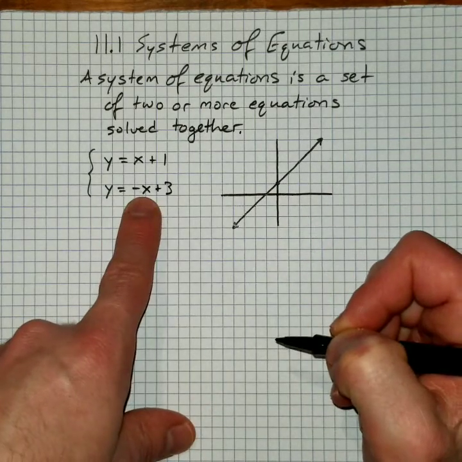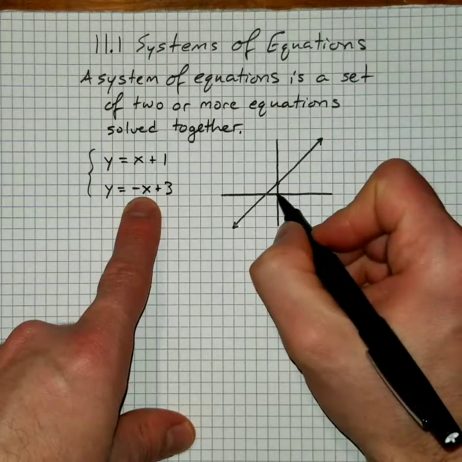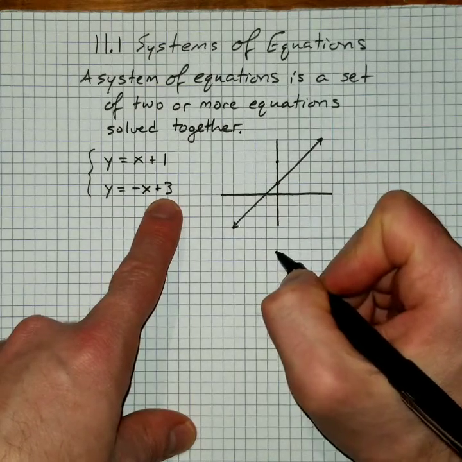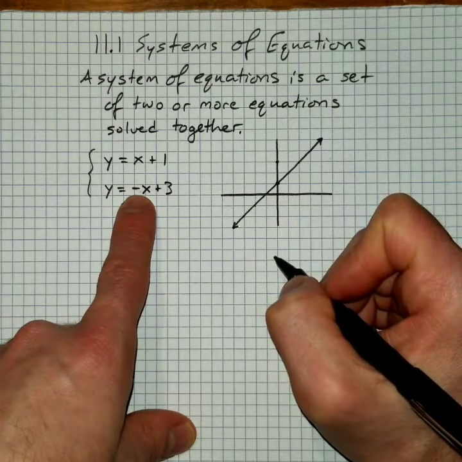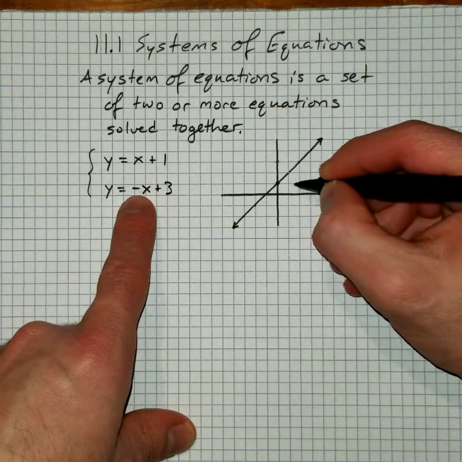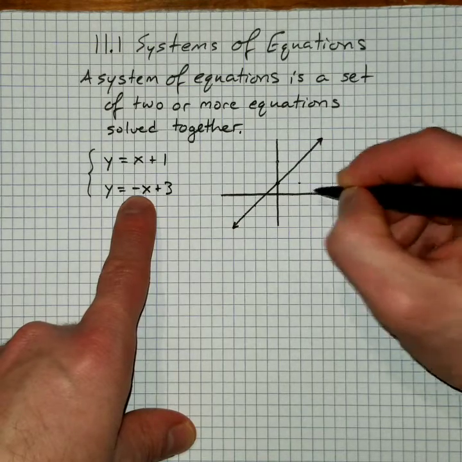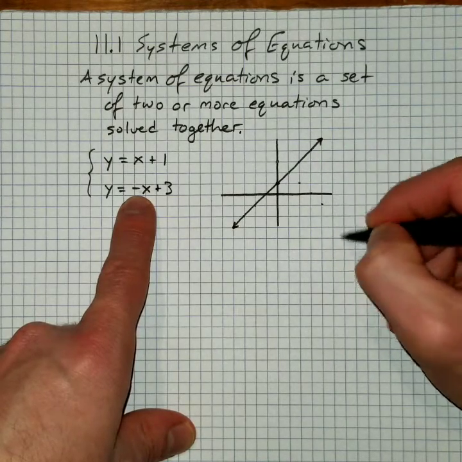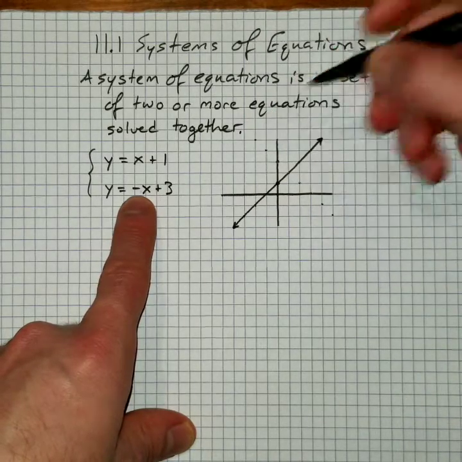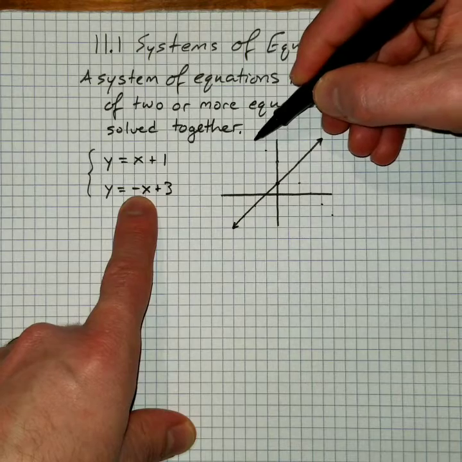The second equation is negative x plus 3, so we go with a 3 y-intercept, and then we go down. So this is a negative 1 slope, so we're going to go down 1 over 1, down 1 right 1, down 1 right 1, and so on, and then up 1 left, and draw that line.